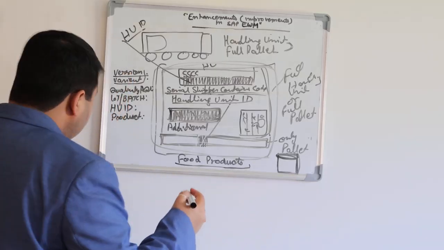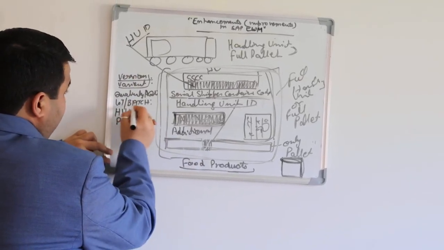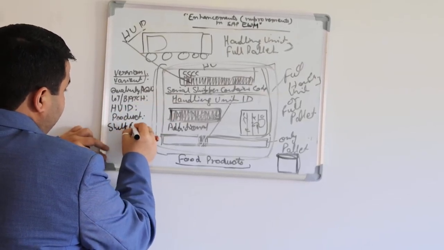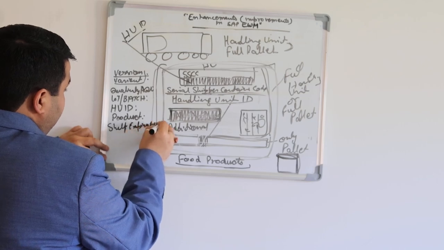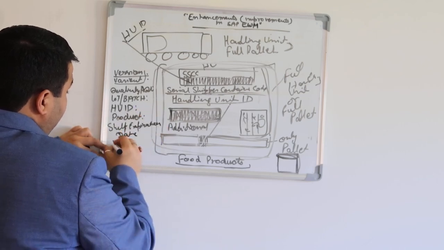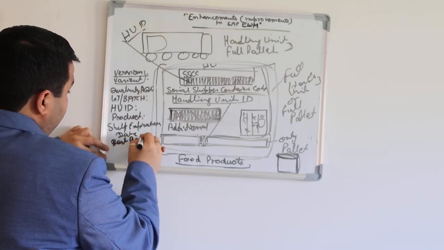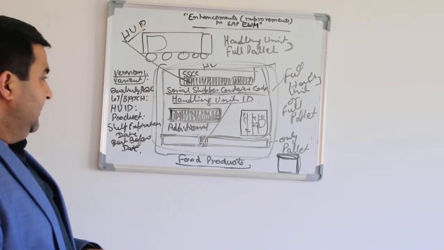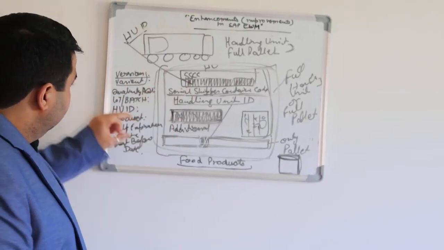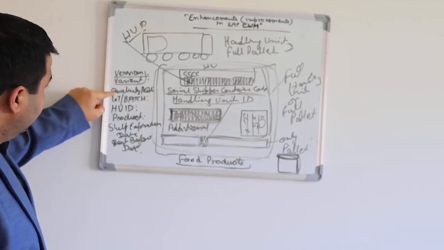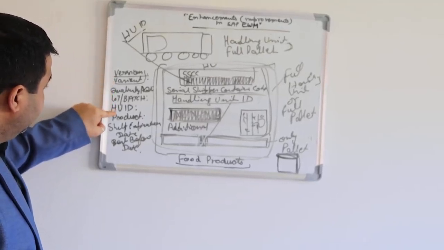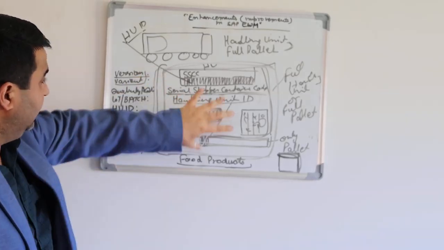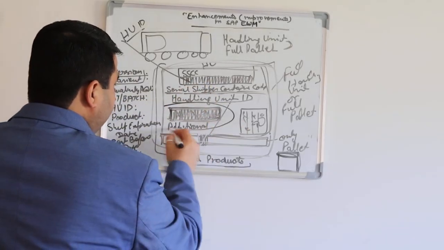If we have a food product, we must have the lot or batch number, and the shelf expiration date or best before date. Generally we have all this additional information like version, variant, quantity, batch, handling unit ID, product, and shelf expiration date or best before date, all in this barcode.